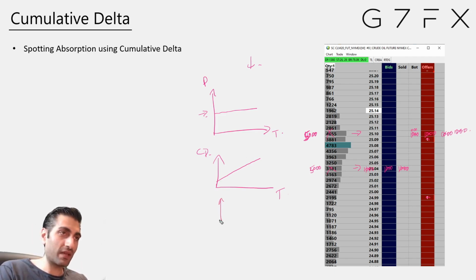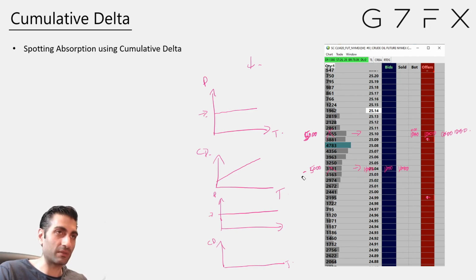Short side, what's happened to the price? Same as this, it hasn't moved. And what's happening to the cumulative delta? It's actually minus 5,000. On the profile we just show it as plus 5,000, but on the delta it's minus, because don't forget, delta is buying minus selling. What are we doing here? Selling.